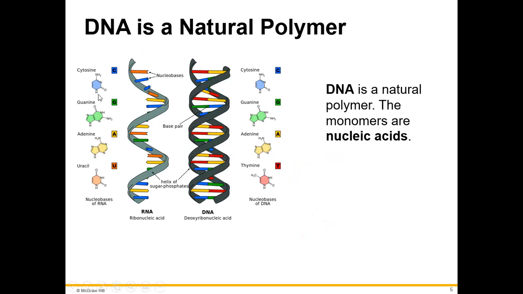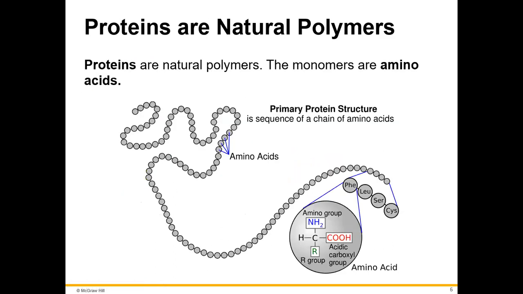The monomers are these nucleic acids, and so they get put in repeating arrangement. And then you actually have two strands of DNA, right? But the DNA single strands are all polymers made of monomers. Proteins are also naturally occurring polymers. The monomer in a protein is called an amino acid.